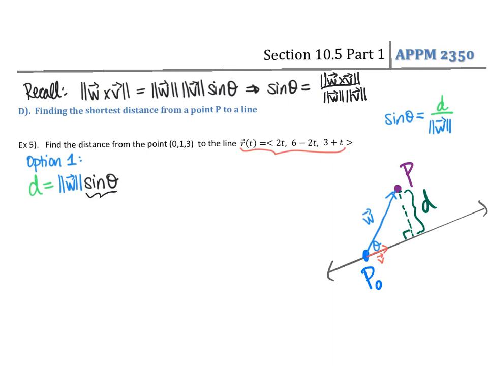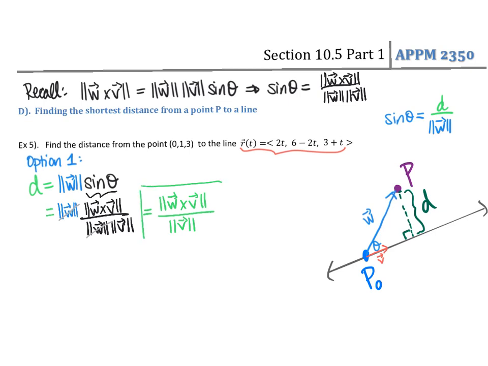And then I can just come right back here and replace that in my equation. And so then notice this magnitude cancels with this magnitude, and I'm left with this for my total distance, or shortest distance between the point and the line.